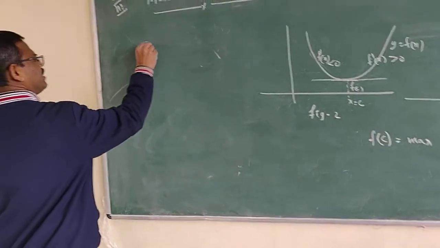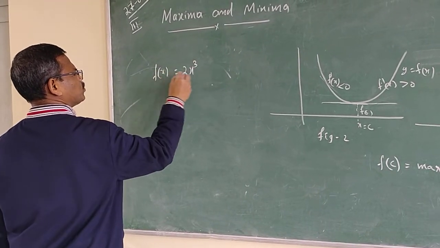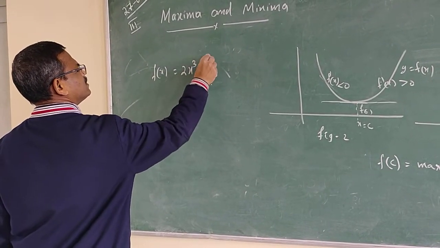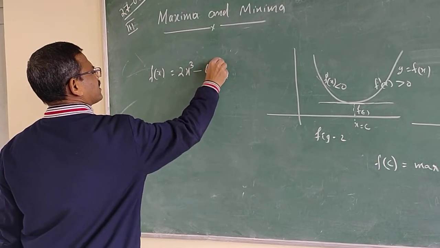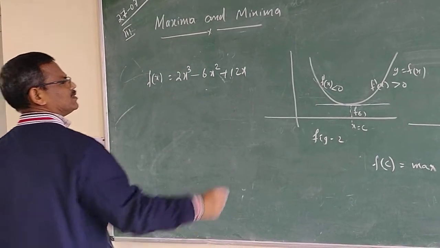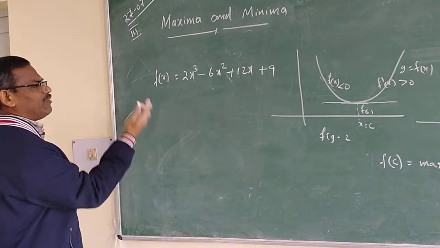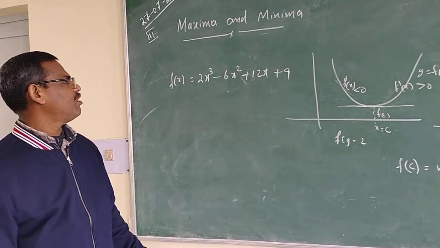Say f of x is equal to 2x cube minus 6x squared plus 6x, to find out what the maxima or minima of this one is.